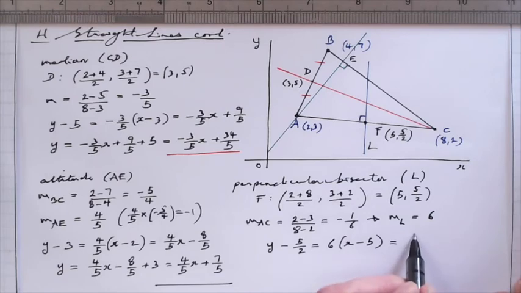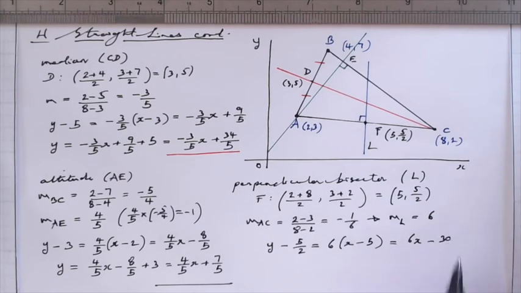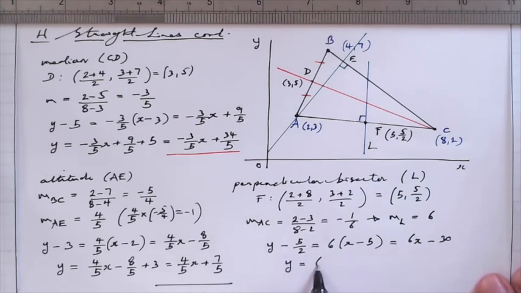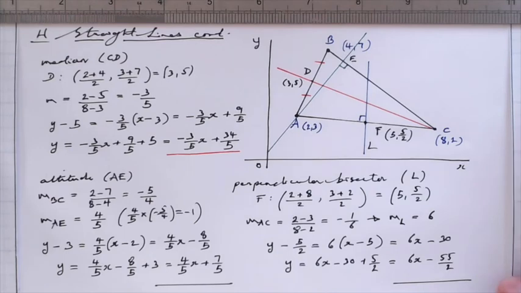Multiply that out, I have 6x take away 30, and so finally then I have that y equals 6x take away 30 plus 5/2, and just think of 30 as 60/2, so I have negative 60/2 plus 5/2 would give me negative 55/2. Not the most elegant formula in the world, but that's the answer.